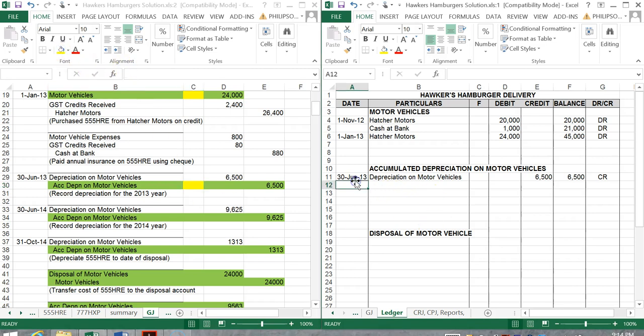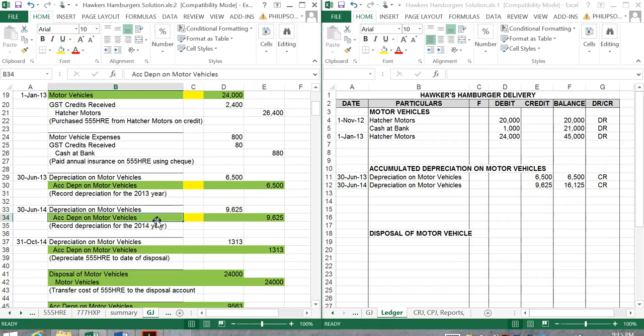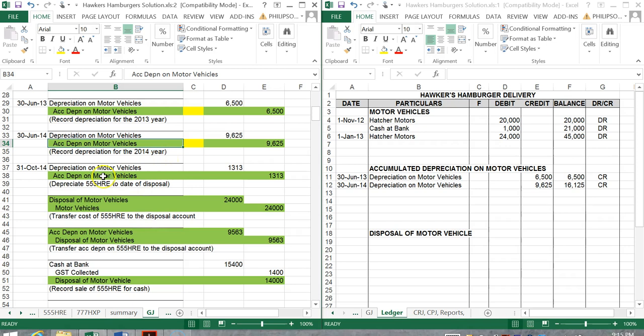Okay, same again, 30th of June 2014. Autofills, tab across, 9625 we're putting in here, 9625. Adding a credit to a credit, so equals 6,500 plus 9625 credit. Done.